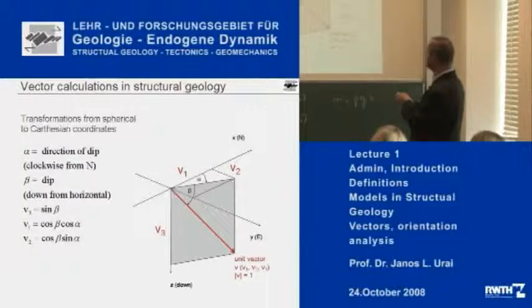This is north, east, and down. And if we have our vector, then we can calculate the 3 component, the 1 component, and the 2 component of this vector from these 2 directions that are given here.